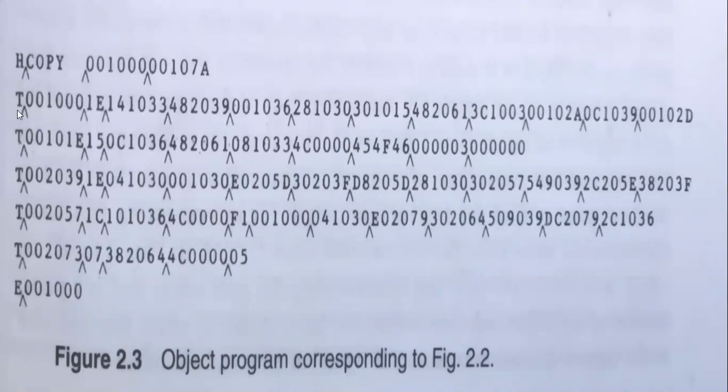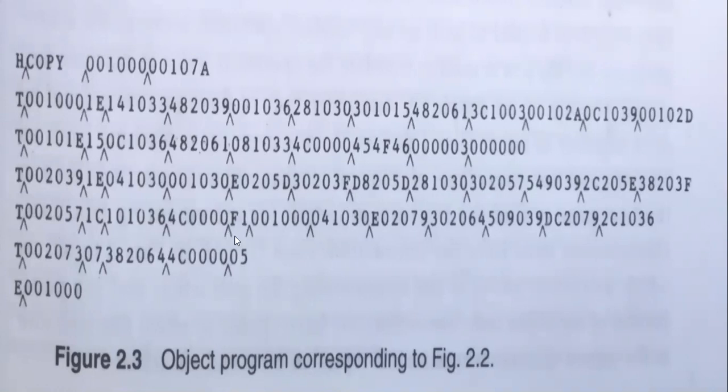Then the text record should begin with T, then the starting address of that particular line, then how many bytes are involved in this line, followed by the object code. Then the next line has its starting address and number of bytes, and text records continue like that.